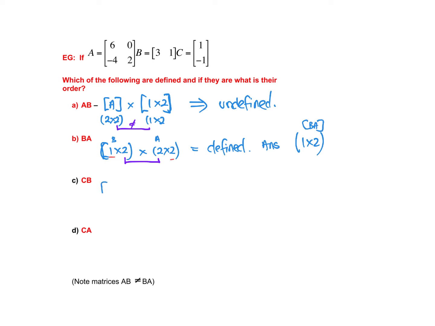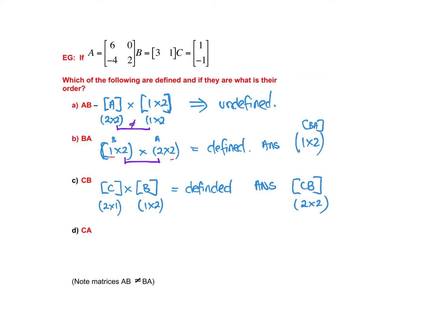If we look at matrix C multiplying with B, C has an order of a 2 by 1, B has an order of a 1 by 2. This one is defined, and the answer, say CB, would have an order of a 2 by 2.